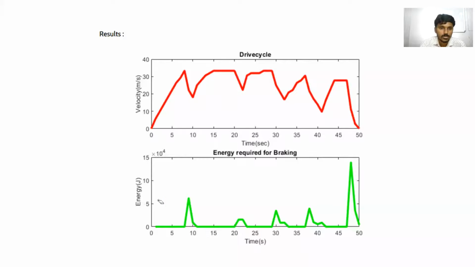Clear? After running this MATLAB program, we can get one plot, that is the energy required for braking. At time t equal to 5 seconds, how much energy is required? At time t equal to 10 seconds or 9 seconds, how much total energy is required in joules? Say 7 joules of energy is required, or 10, whatever. So accordingly you can get the graph by writing one program in MATLAB.